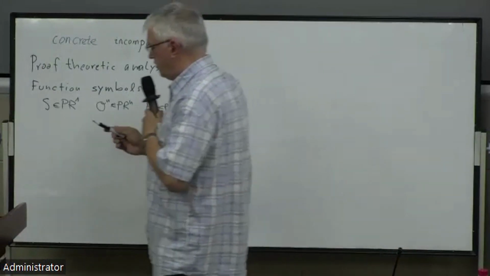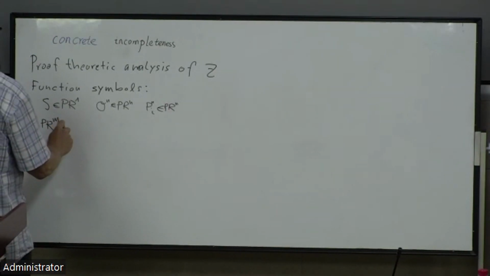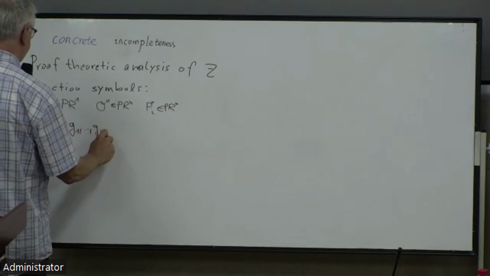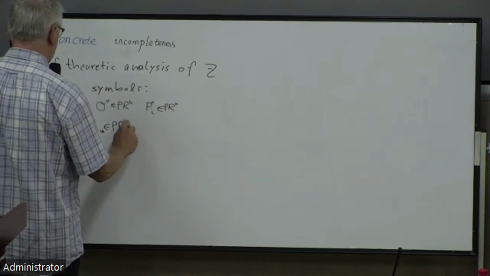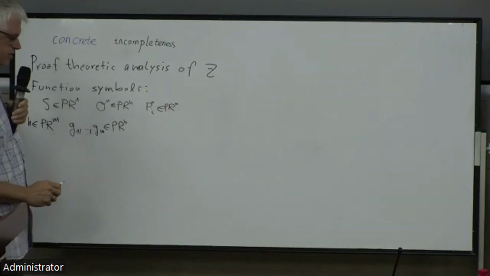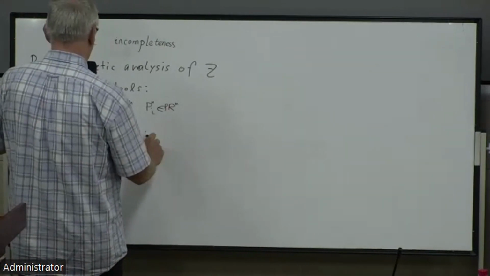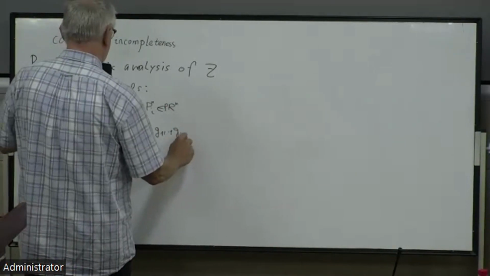Now, if I have a function symbol h of arity m, and if I have function symbols g1 to gm of arity n, then I can compose these functions, and the function symbol for this is h composed with g1 to gm.